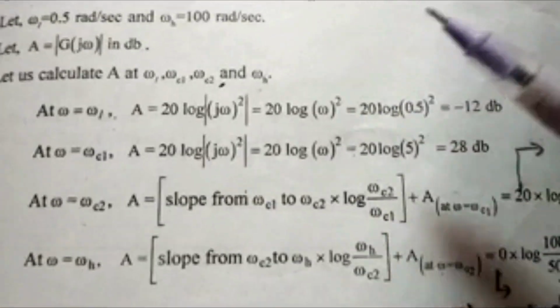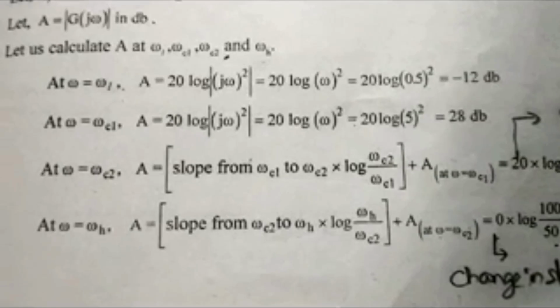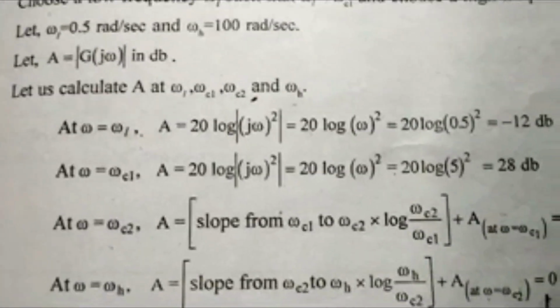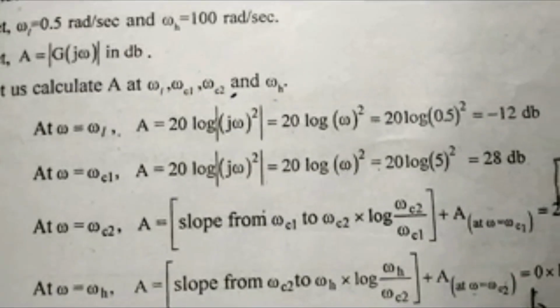Okay, so using these formulas we have calculated 4 magnitudes. In shortcut, for omega L and omega C1, the first term magnitude is calculated.